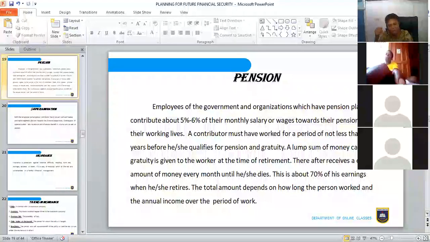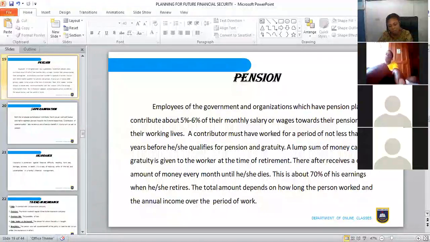With that one, when they give you the huge sum, it depends on the gross you were receiving whilst you were working, because they take a percentage of that. And remember, we said during your working times, they will take 5 to 6% of your earnings monthly. So when you retire, they will give you about 70% of your earnings. Then the 30% that is left, it is assumed that they invest it, and then the total amount will depend on how long the person worked.